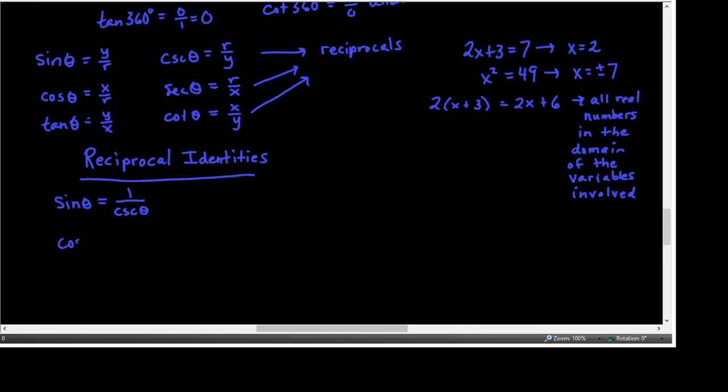Cosine of theta, its reciprocal is secant of theta. So as long as we are putting in numbers for theta that won't give us an undefined answer, then the sine of theta and 1 divided by the cosecant of theta for the same theta will give us the same answer on both sides. And so this is just an acknowledgement of the reciprocal relationship we saw earlier.